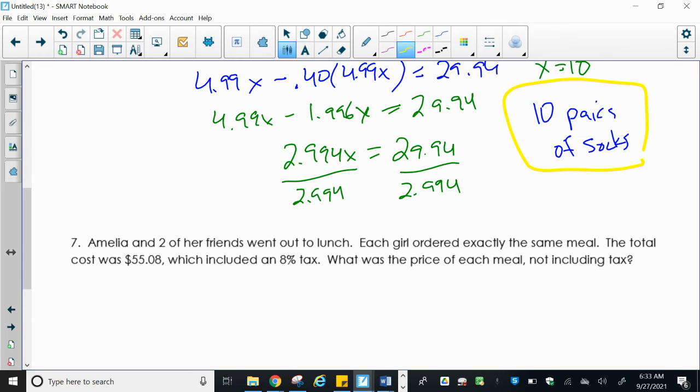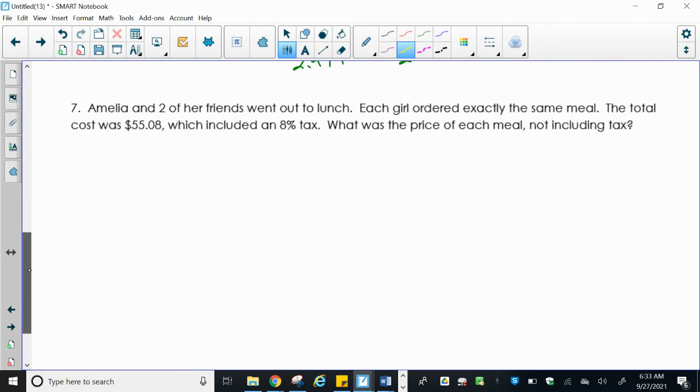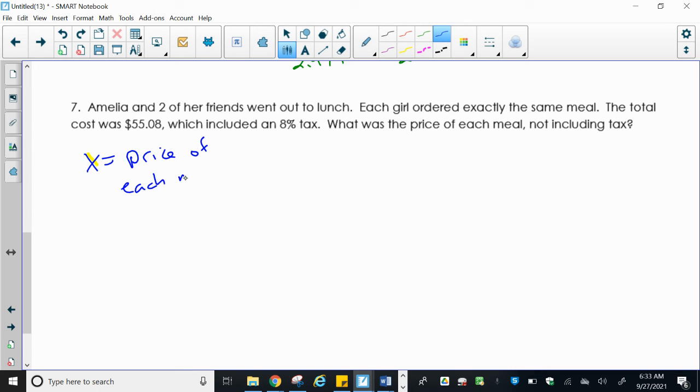All right, next one. Amelia and two of her friends went out to lunch. Each girl ordered exactly the same meal. The total cost was $55.08, which included an 8% tax. What's the price of each meal, not including tax? So we can say x is the price of each meal. Amelia and two of her friends, so 3 people total, so we could say 3x. Then there's an 8% tax on the 3 meals, so plus 0.08 of the 3 meals, 3x, equals 55.08.